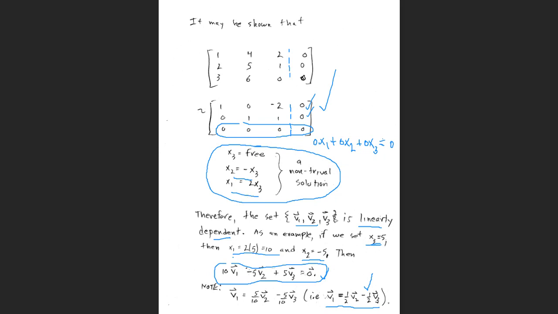And that helps me feel very comfortable about linear dependence. This vector equation, v1 equals 5 halves v2 minus 5 tenths v3, shows you how v1 is related to v2 and v3.